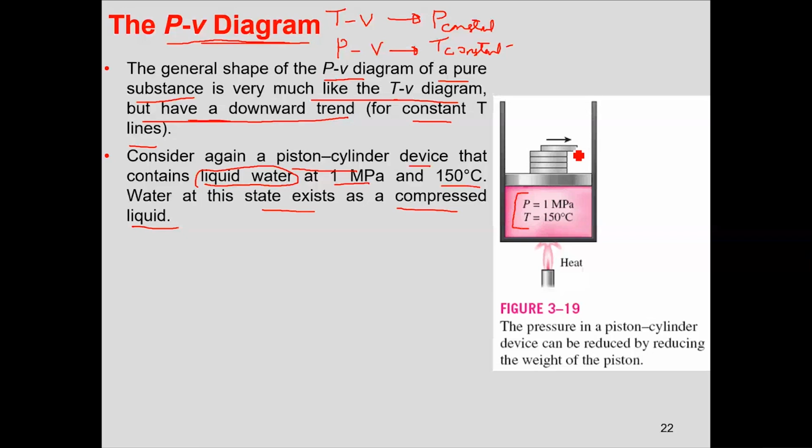Now, if I remove this one block from the piston, what would happen to the pressure? The pressure would decrease. Or in other words, what would happen to the specific volume? It would increase.